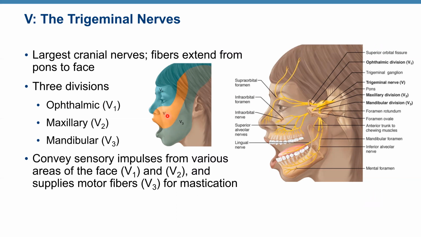They bring all sensation to your brain. So if somebody touches you here or here or here, or your dentist works on your teeth and it's painful, this trigeminal nerve is responsible for sending this pain to your brain. However, V3 also has some motor fibers for mastication, so you can chew your food.